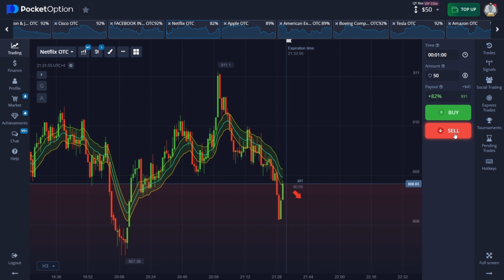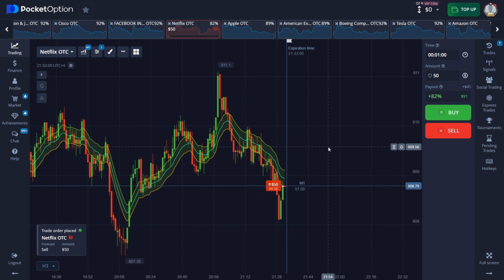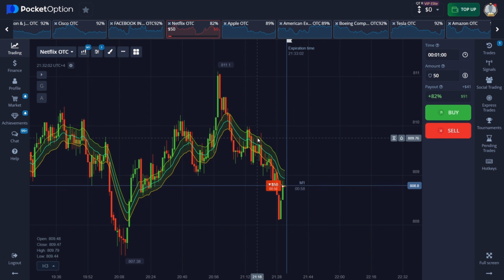With only 6 seconds left, the candle closes near the bottom level, so I placed a trade for a downside move with $50.